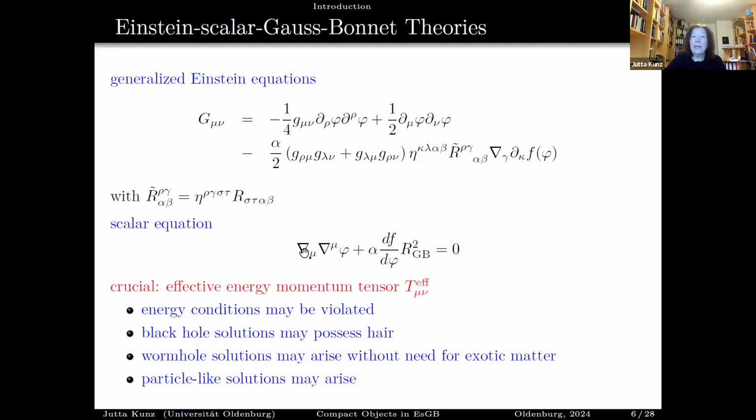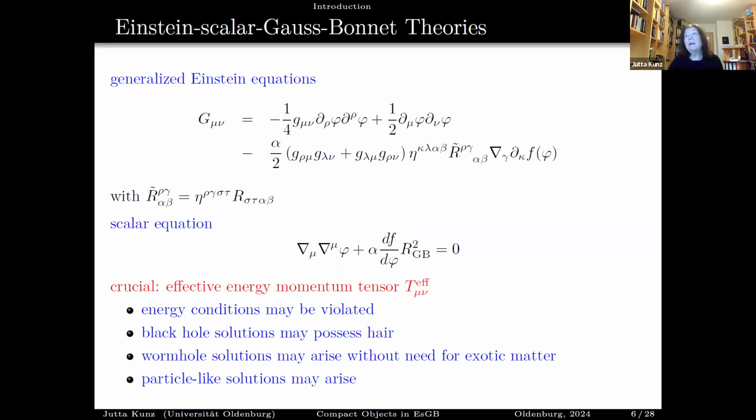And the scalar equation just looks like some Klein-Gordon equation, and here we have a source term also coming from this coupling. Now it's really crucial that we have this additional piece, this effective stress energy tensor, because it allows us, without introducing any exotic matter, anything very strange, to violate energy conditions.